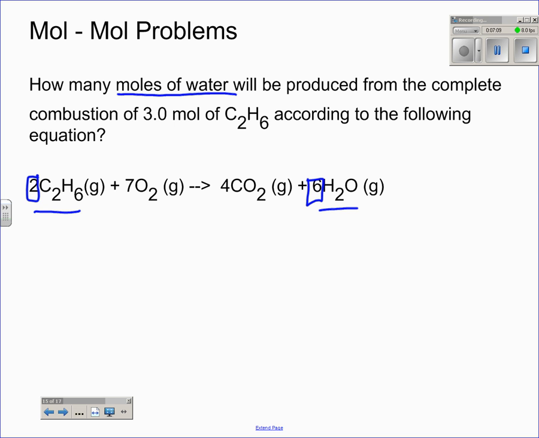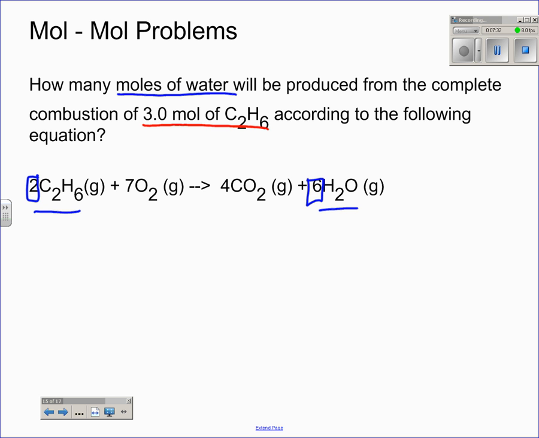So we know that if 2 moles of ethane are consumed, that 6 moles of water are produced. But it's asking us what happens if we have 3.0 moles of ethane consumed instead of 2.0 moles of ethane consumed.